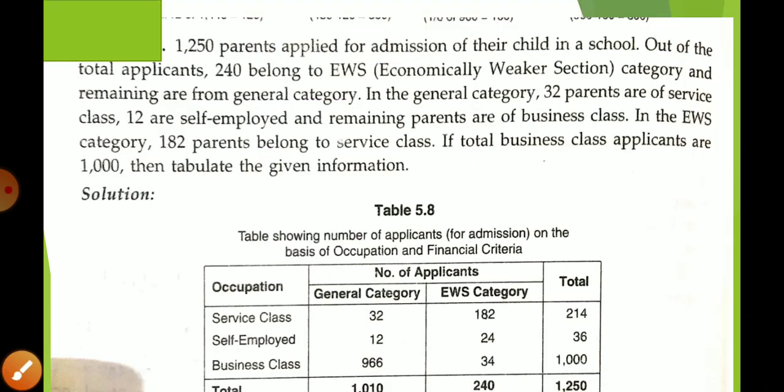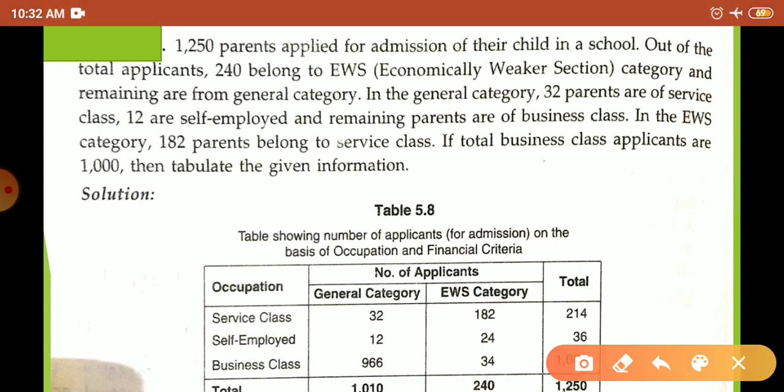And now this is your final tabular presentation. What will be the heading? The heading will be total applicants for admission. Okay, what is your base? Occupation and financial category. Look, EWS and general category, and occupation: self-employed, service class, business class.